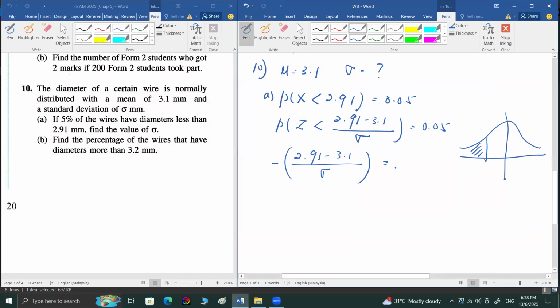After that, you change it to standard deviation. Now you exchange these two places. So you check and see, you get negative 2.91. That's 3.1. Divide by 1.645.